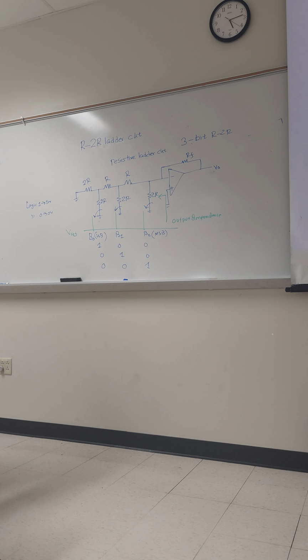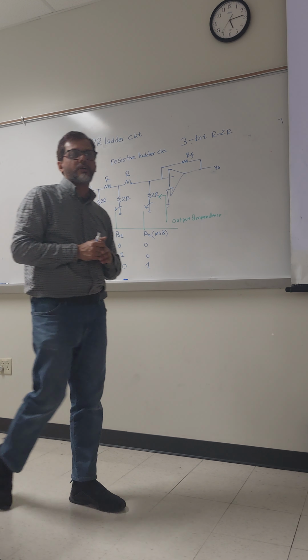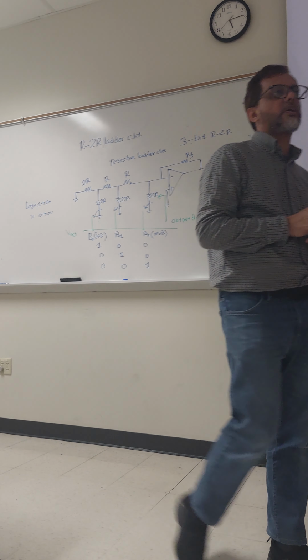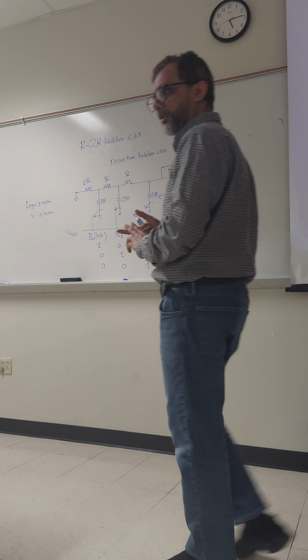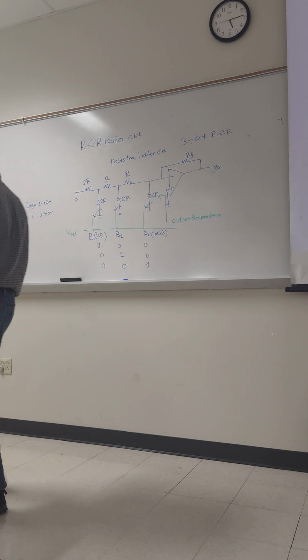We can calculate this impedance and voltage by using Thevenin's equivalent theorem. Whenever we apply Thevenin's circuit, we actually try to calculate two things, right? One is the Thevenin's equivalent resistance, another is the Thevenin's equivalent voltage, RTH and VTH.